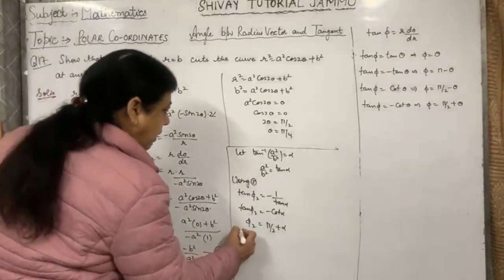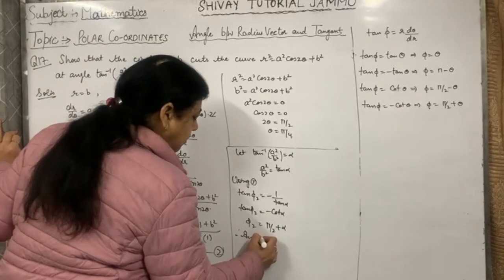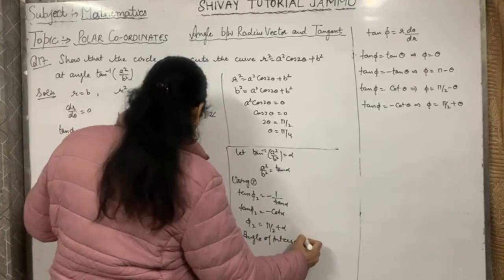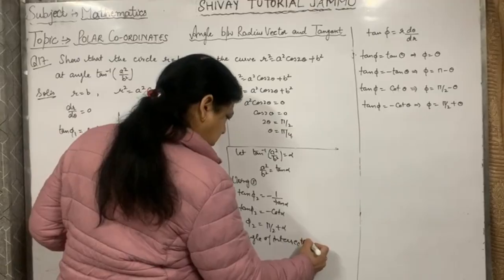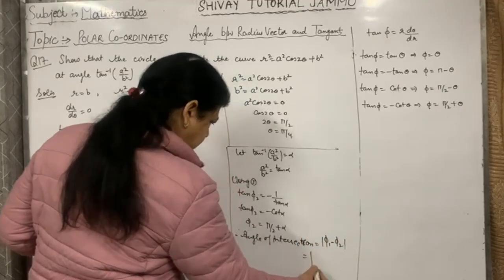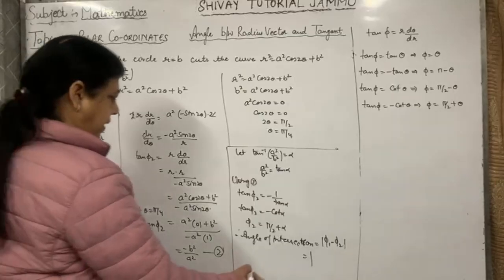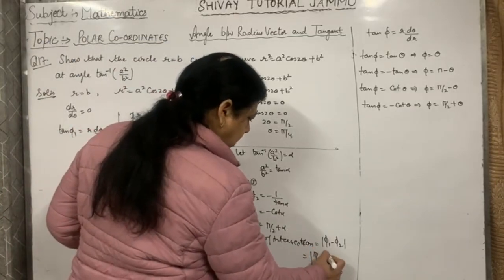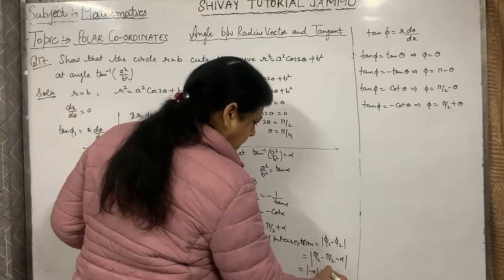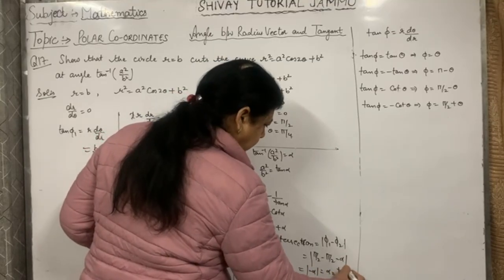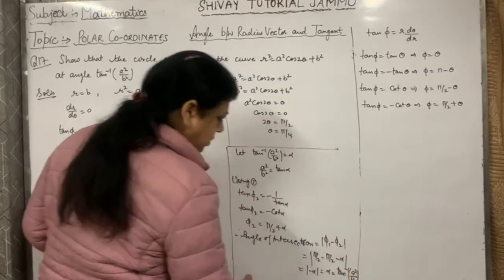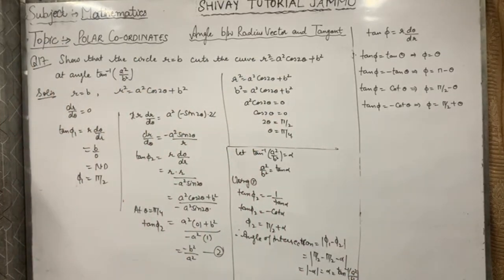Therefore, angle of intersection is phi 1 minus phi 2. This is pi by 2 minus pi by 2 minus alpha, that is alpha, and alpha is tan inverse a square by b square. This we have to prove.